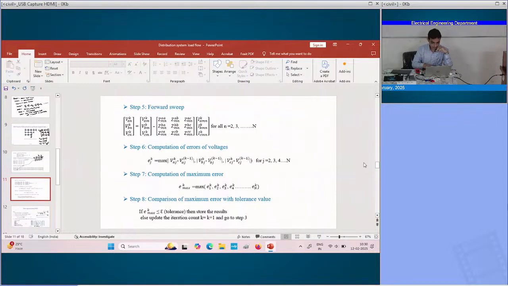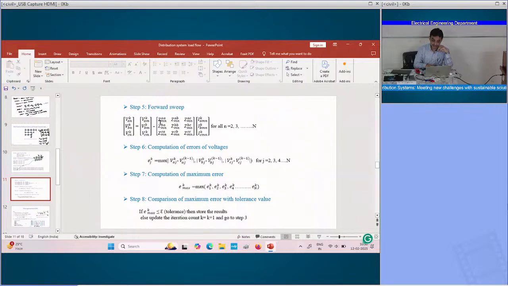Then, moving ahead, we have to calculate the voltage for each node. If we consider M as our starting node, in a general way we can write the equation shown there. The node voltage is the earlier node voltage minus the impedance across this branch into the branch current.